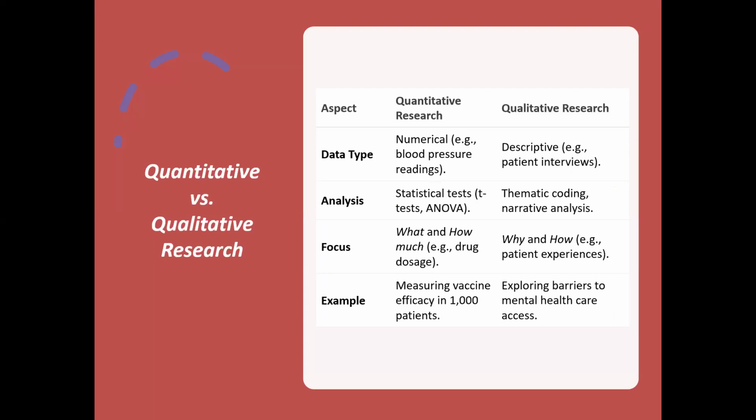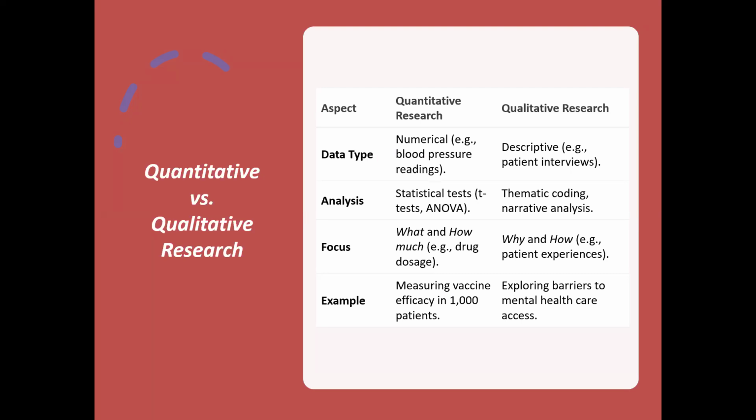The analysis for quantitative study is statistical analysis like t-test, ANOVA, and chi-square. For qualitative research, you have to do thematic coding and narrative analysis. The focus of quantitative research is on what and how much, for example, drug and dosage. And qualitative research focuses on why and how, for example, patient experiences.